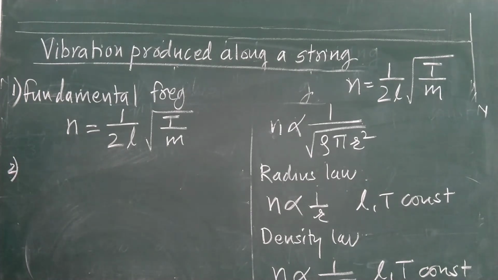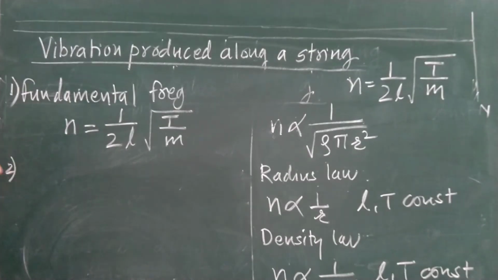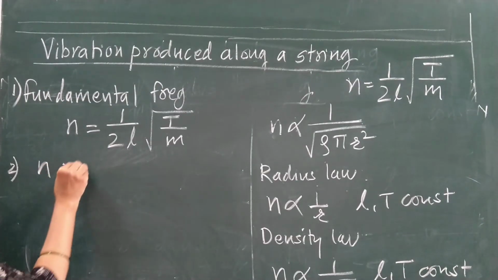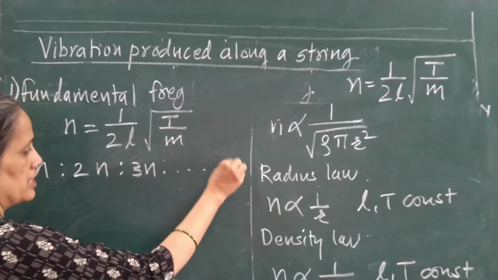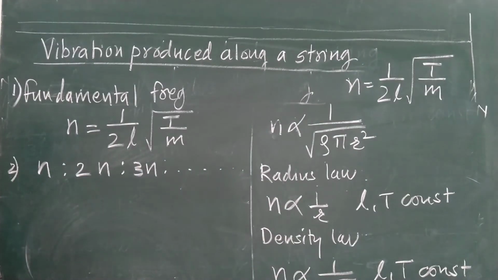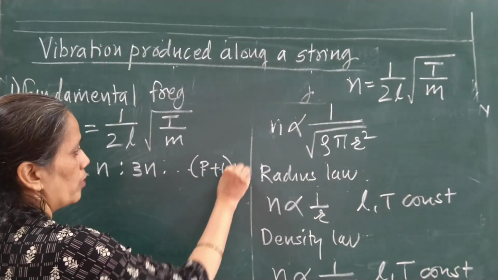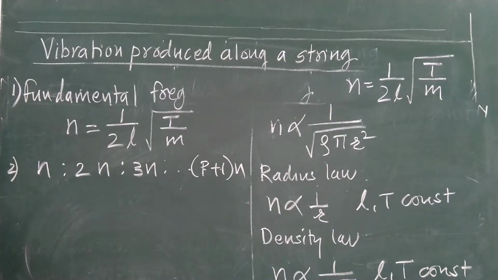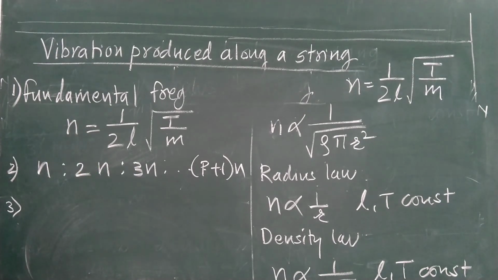Second thing to be remembered: vibration produced along a string will vibrate with all integral multiples of the fundamental frequency. Clear? That is, I can say (p plus 1) into n. Then the third formula: from this fundamental frequency formula, I can write down the length law.